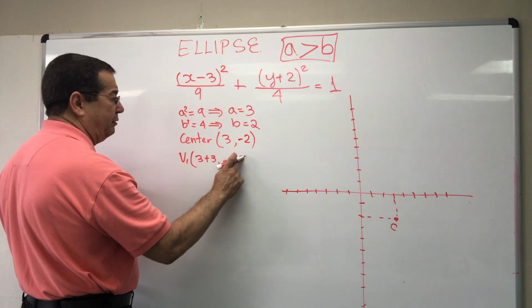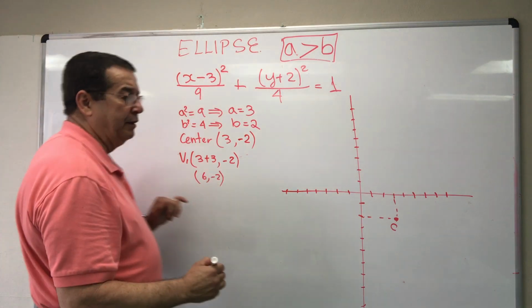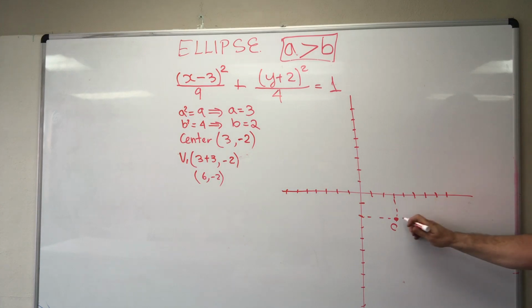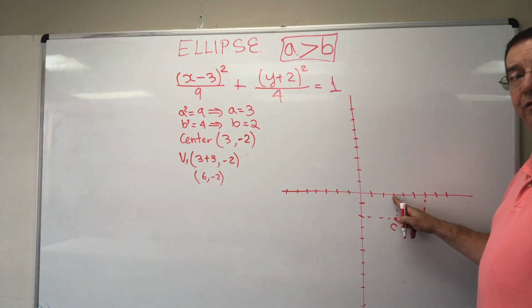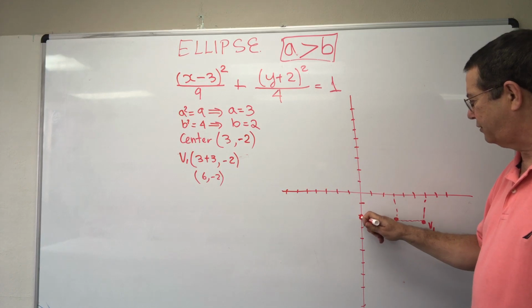Now it's going to be here, (6, -2). Here, this is the vertex. And if you move 3 to the left, 1, 2, 3, and -2, this is another vertex.